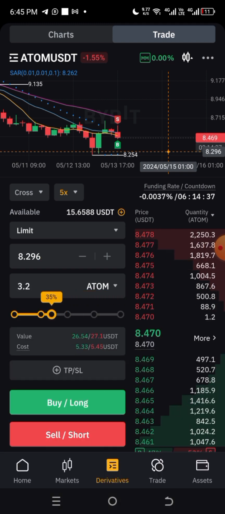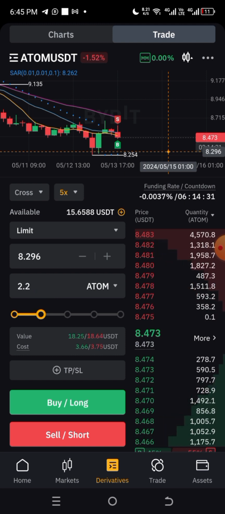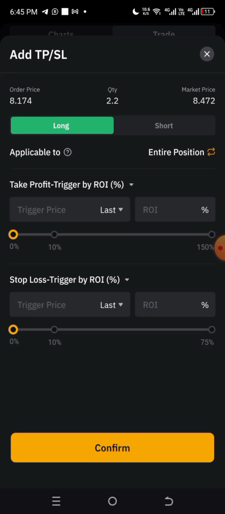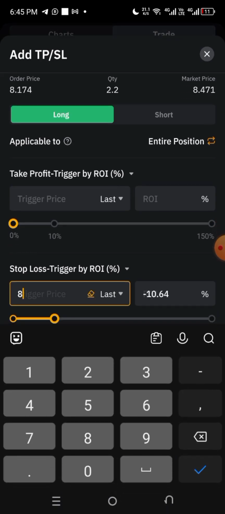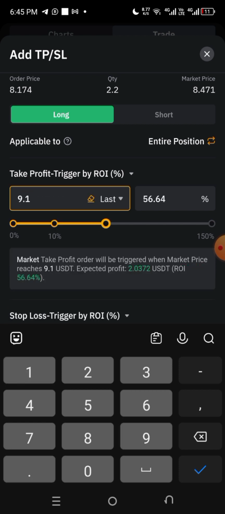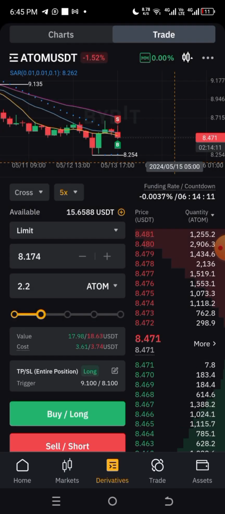I'm not buying with my entire portfolio. I want to buy with just 25% with 5x leverage on cross. And my stop loss is going to be somewhere around 8.1. Stop loss is 8.1. Take profit is 9.1. So I'm risking $0.16 to get $2, right?